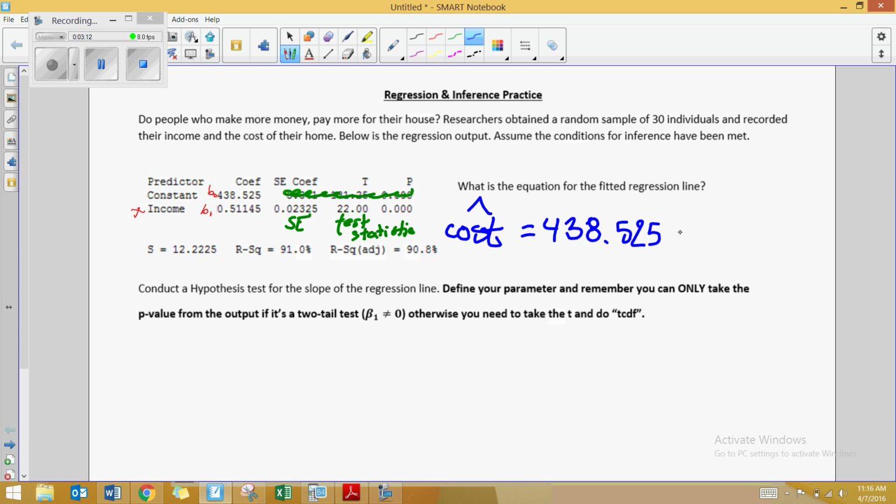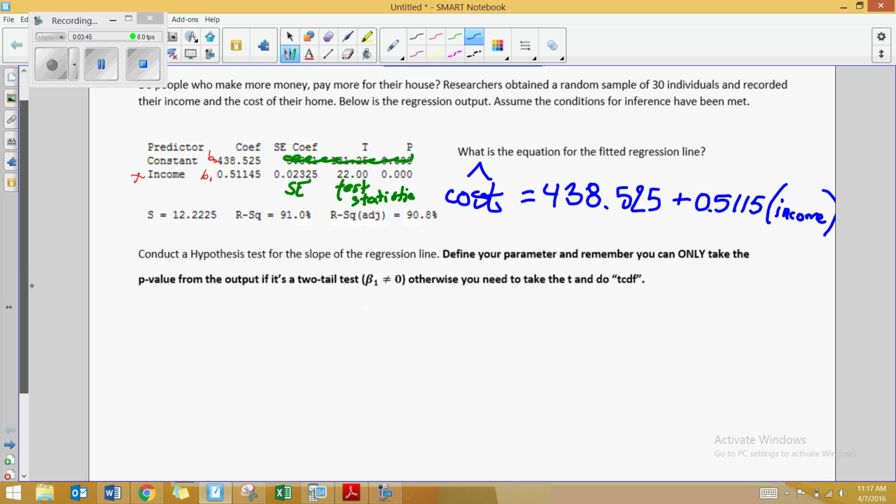Okay, and it's going to increase by 0.511, and let's just round that up to 5. And so that's going to be times our explanatory variable, which is again a person's income. Okay, that would be your fitted regression line. Again, unless it says least squares regression line, just stick with the general regression line term.